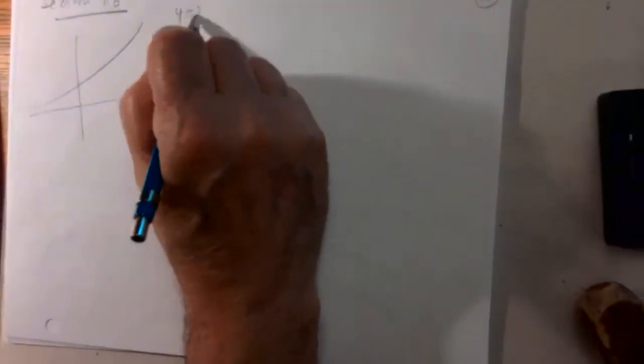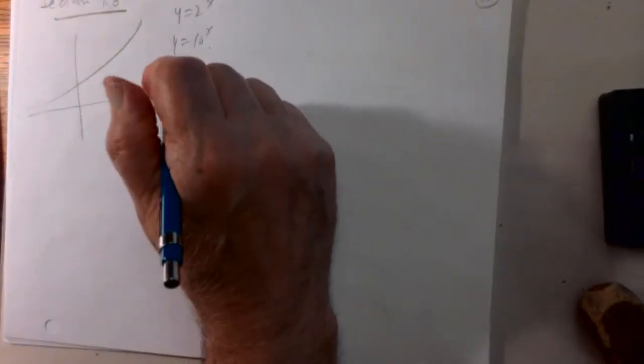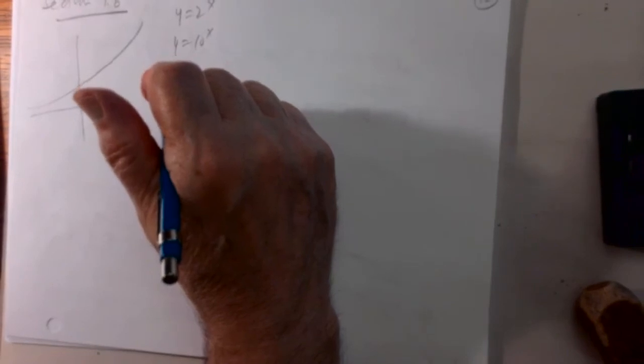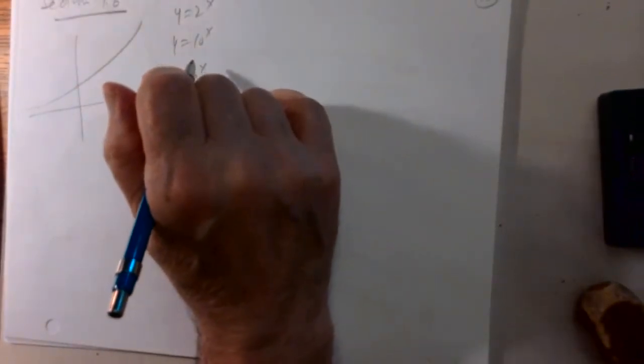So this is section 1.6. Exponential functions look like this. You have simple things like y equals 2 to the x or y equals 10 to the x. But the most important one is y equals e to the x, where e is one of the most important numbers in calculus.